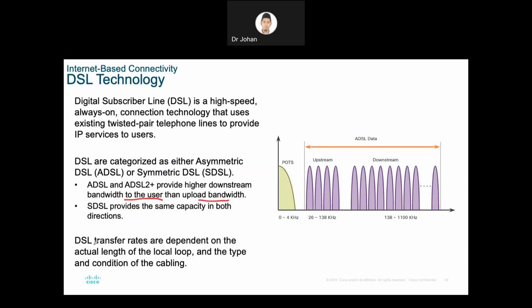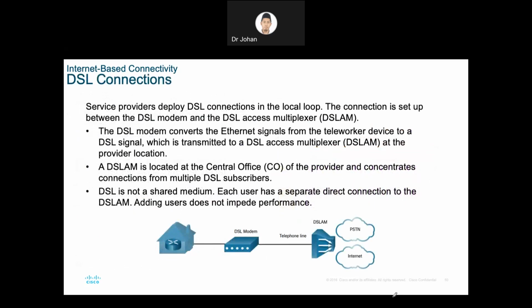DSL transfer rates are dependent on the actual length of the local loop and the type and condition of the cabling. This is for ADSL. DSL connection: service providers deploy DSL connections in the local loop.